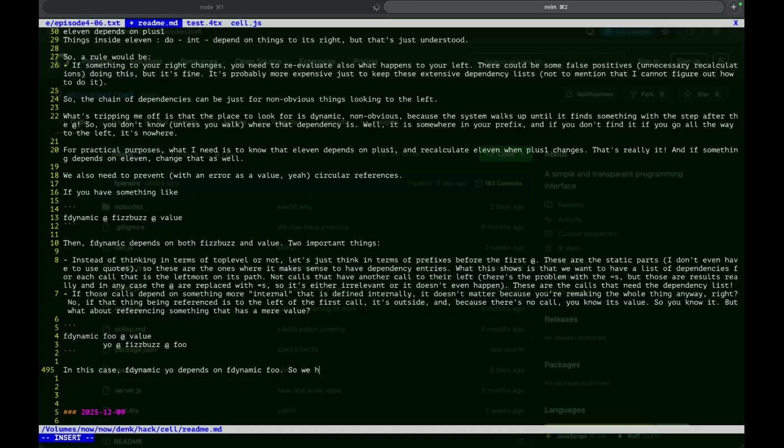So we have to look at the definitions inside to see to what they might resolve.